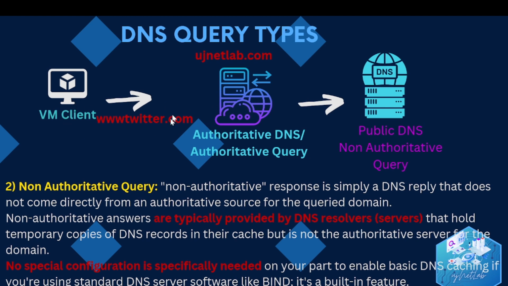So next time, if the query comes again to this Usenet Lab DNS server, it doesn't need to contact the public DNS again and again because it's already in the cache. That's what it's trying to mention here. It holds a temporary copy of the DNS record in the cache, but it is not the authoritative server for this domain, because I'm not responsible for Twitter. I'm responsible for this one.